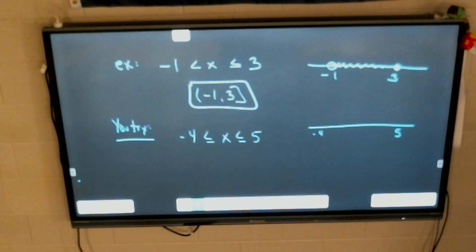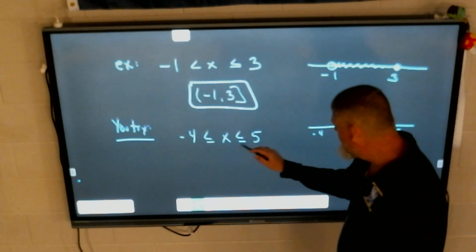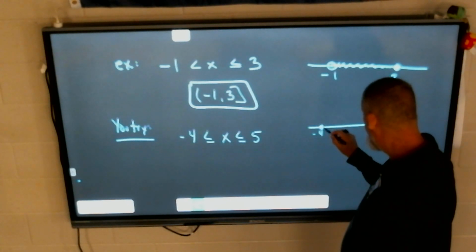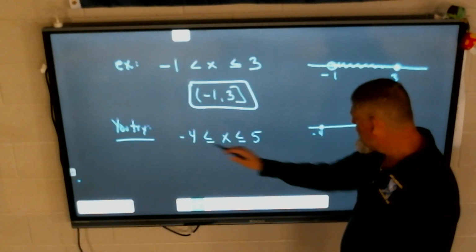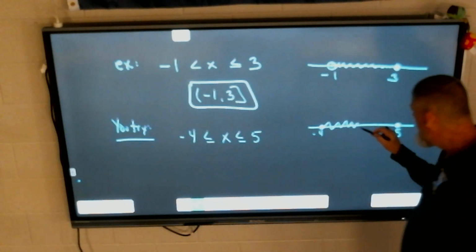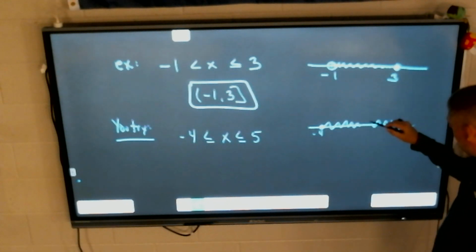Sydney, am I going to put closed dots or open dots? Why? Because it's including the equal to, right? Okay. It's a closed interval. The equal to signs are there, so closed dot. And x has to be greater than or equal to negative 4, but it has to be less than or equal to 5.